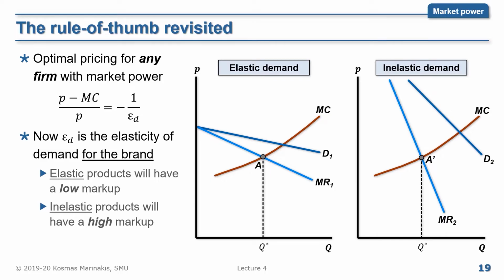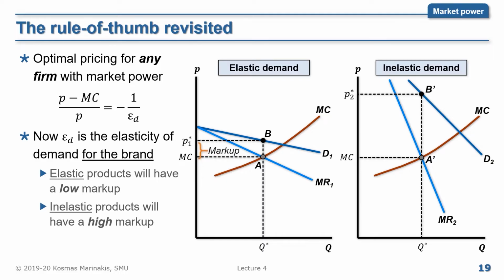So we have these two products where the equilibrium quantity is the same, but look what happens to prices. In order to compare, let's project A up to the demand curve, we go to B, and this gives us P1 star. And look at the projection of the inelastic product to the inelastic demand at B prime, and this yields an equilibrium price of P2 star, which is much, much higher. So you can see here, if you consider the marginal cost, that the market power of these two products is very different.